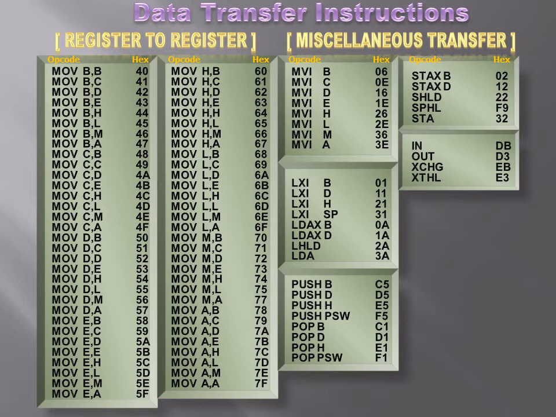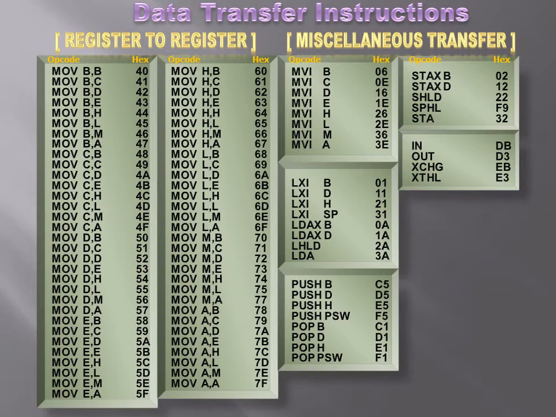The difference between move and move immediate, what we call as MVI: in those MVI instructions we have the immediate data also associated with the instruction. So if we talk about move, it is a single byte instruction. Only the hex code for the instruction is to be given.